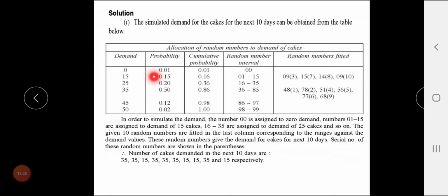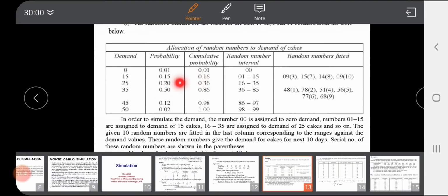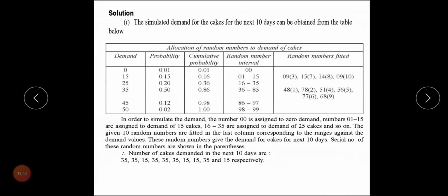In the first row, the probability is 0.01, so you write it as it is. In the second row, you add the probability of the second row and the first row. So the cumulative probability is 0.16. Similarly 0.16 plus 0.20, that is 0.36.